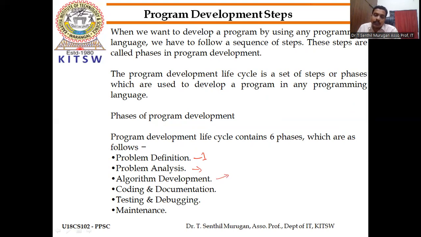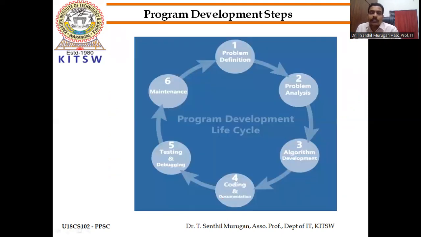After developing the algorithm, you can write the code and document it. After that, you have to test whether the coding is working properly or not. You check whether all the test cases are satisfied, that is testing and debugging. Finally, you have to maintain the software for reuse. These are the development life cycles.